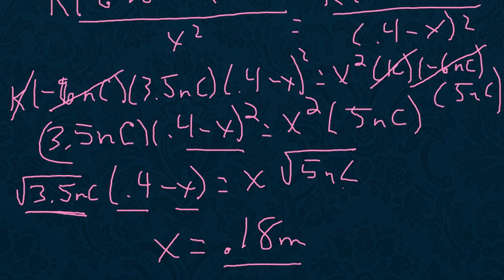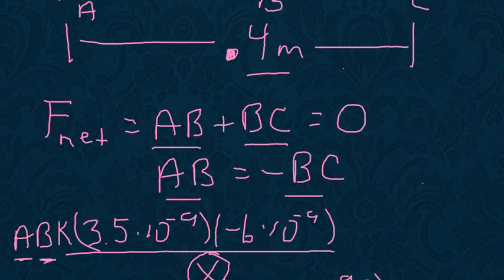That 0.18 distance was measured in association with the 3.5 nanocoulomb particle. So the negative 6 nanocoulomb charge needs to be 0.18 meters from the 3.5 nanocoulomb charge, or 0.22 meters from the 5 nanocoulomb charge. And at that position, my little negative 6 nanocoulomb charge is subject to zero net force.